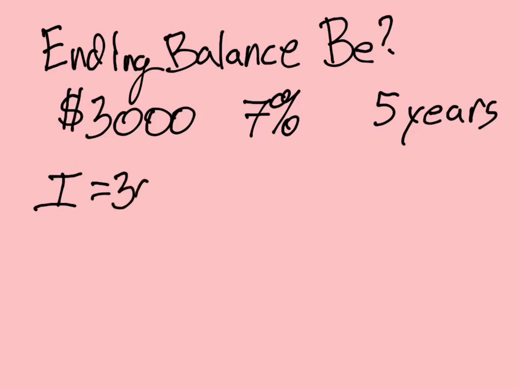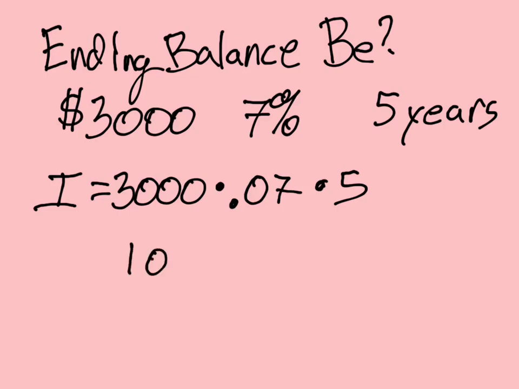So our principal amount is $3,000. Our rate as a decimal would be 7%, and the time is 5. So our interest is 3,000 times 0.07 times 5, which is $1,050. So this is our interest.